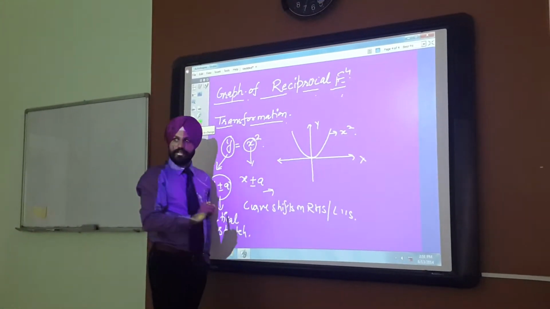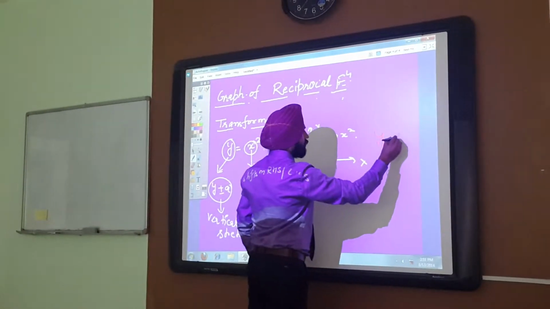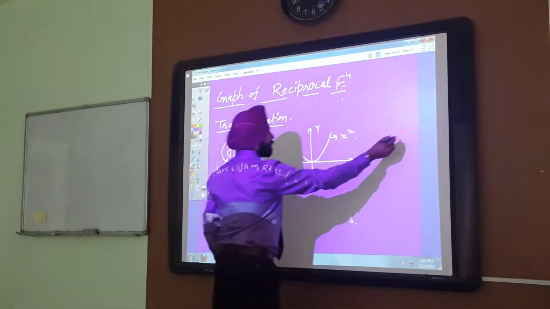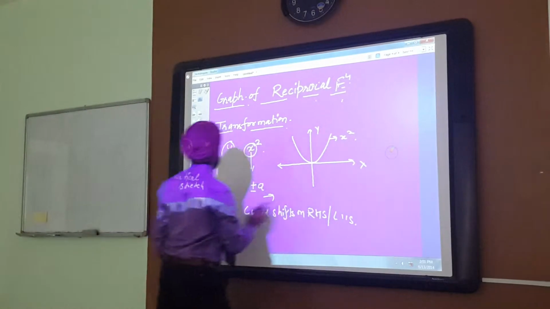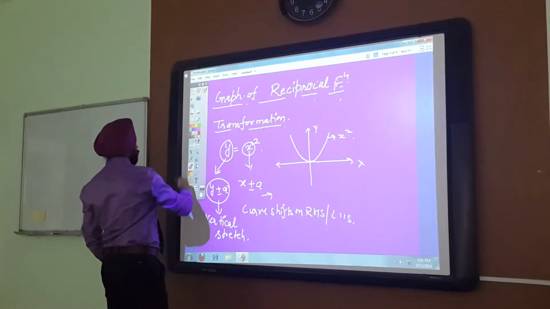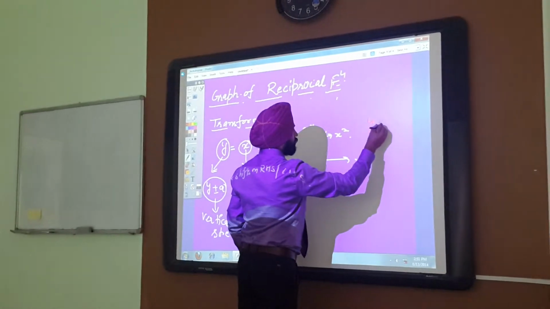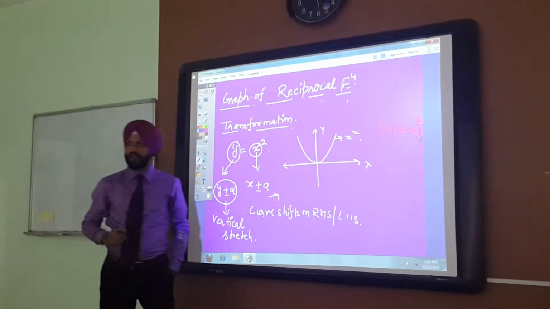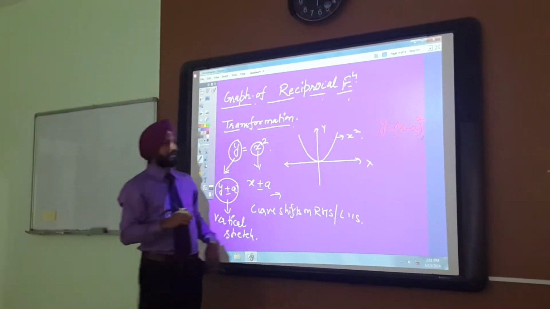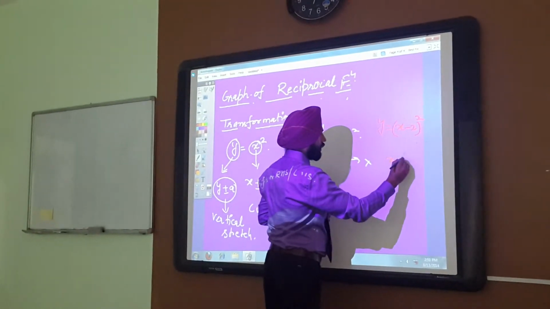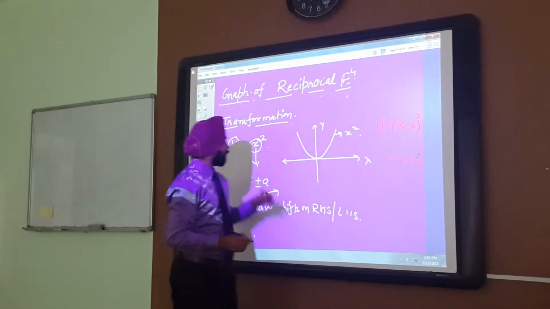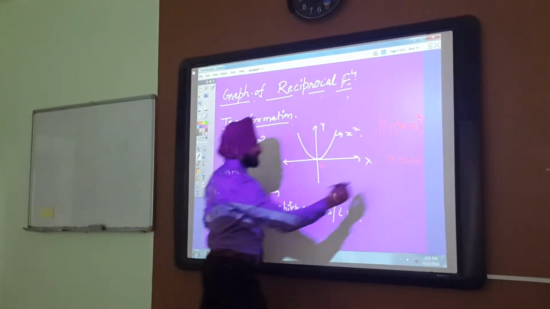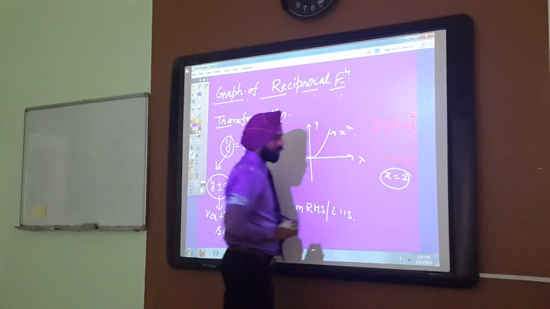So let's stop in this example. Y equals x square, it is there. So y equals x square, y equals x minus 2 whole square. Now what is the effect of x minus 2 whole square? To get origin, x minus 2 must be 0, so x equals 2.